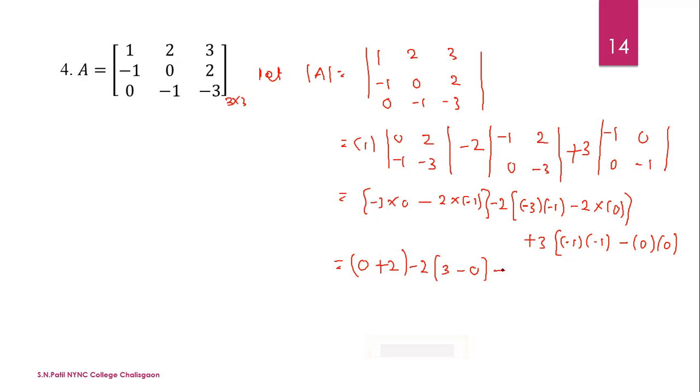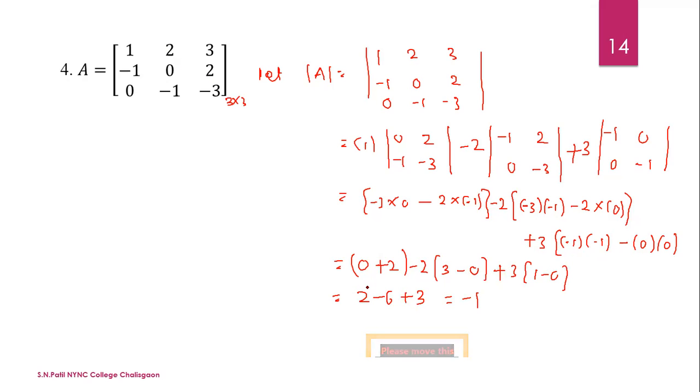Now plus minus 1 into minus 1, plus 1, plus 1 minus 0. So here minus 2 into 3, minus 6, plus 3, 3 plus 2, 5, minus 6, so we get minus 1. So this is the minor method.